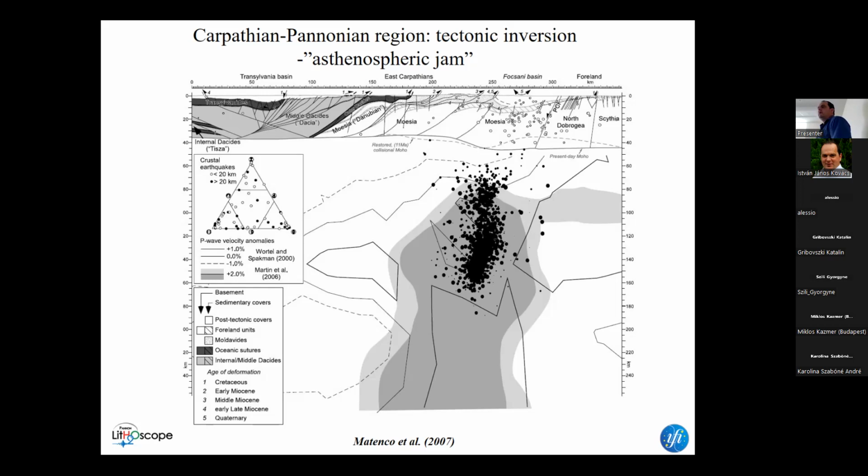It is possible, of course, when you have an oceanic plate with eclogites, which provide the density contrast. But in other cases, you always need an excess driving force. What I think about the region is that the asthenosphere can be such a driving force, even for the present geodynamics.